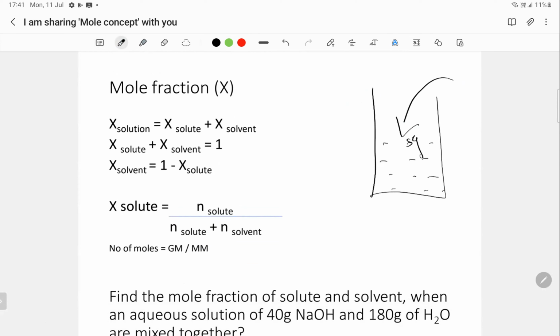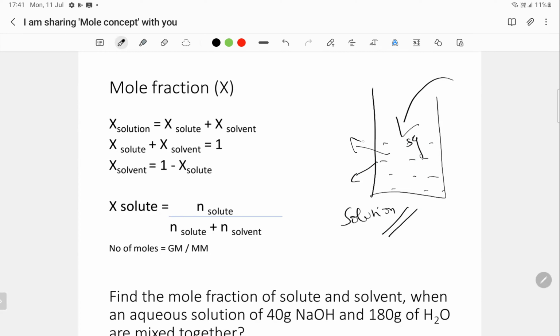It can be salt or sugar or anything. Now I'm completely dissolving this solute into the solvent, so the solute will be completely dissolved in the solvent. You will get a solution. In this solution, how much solute is present mole wise? How much solvent is present mole wise? That is mole fraction.